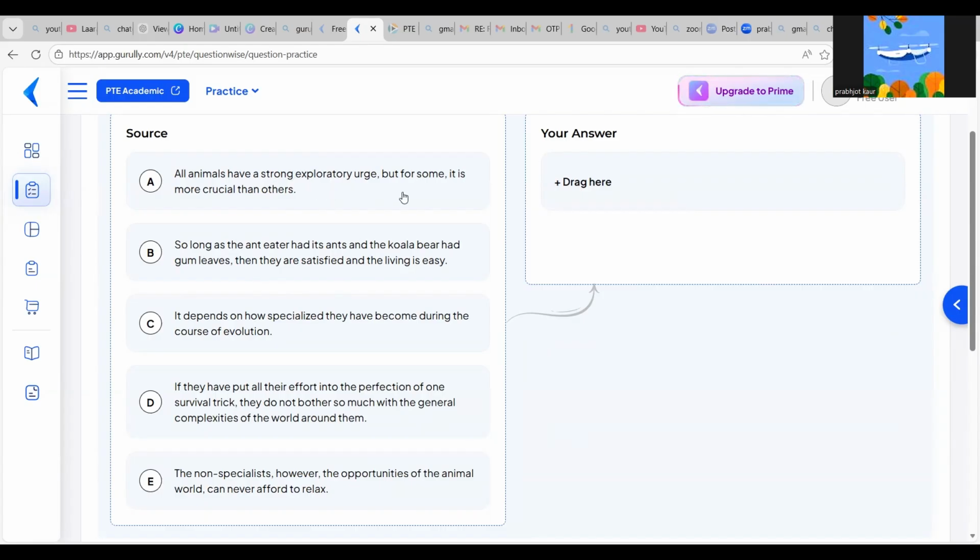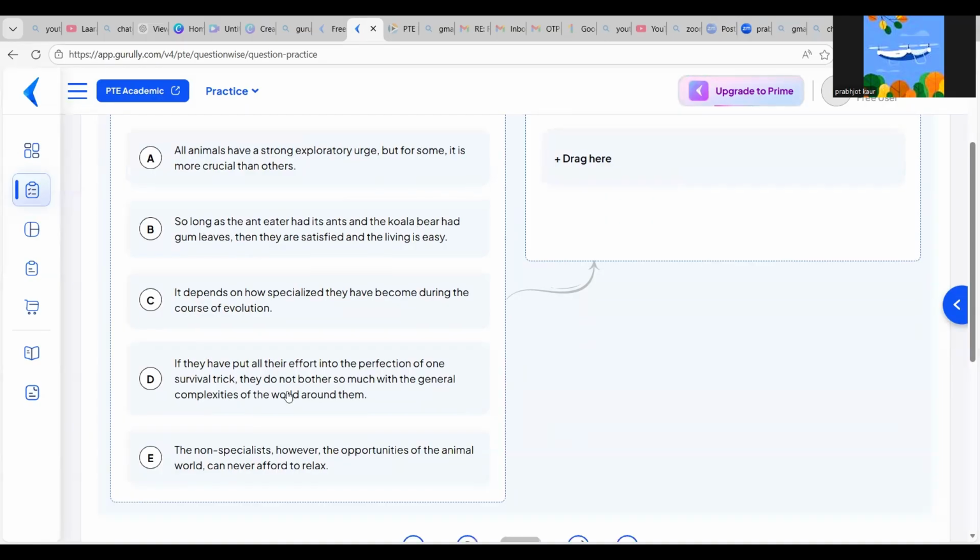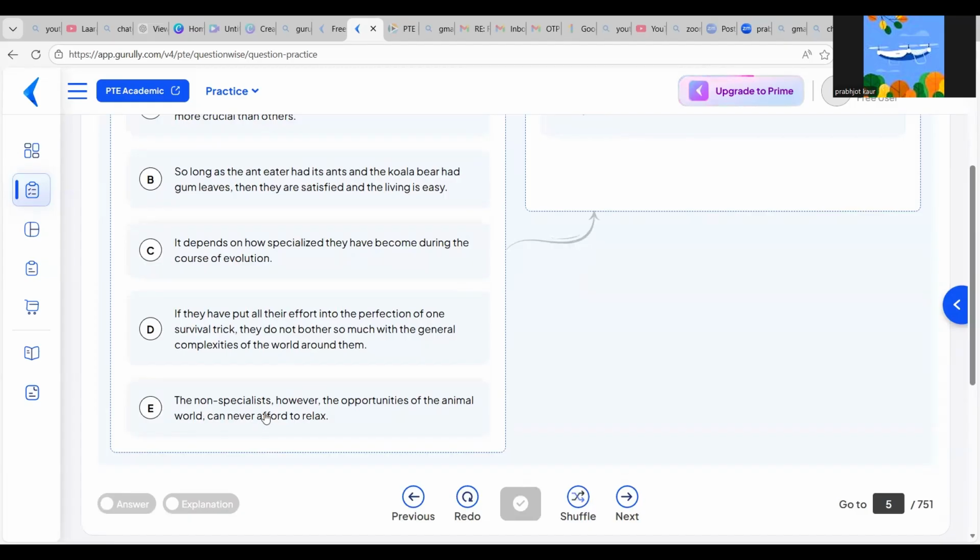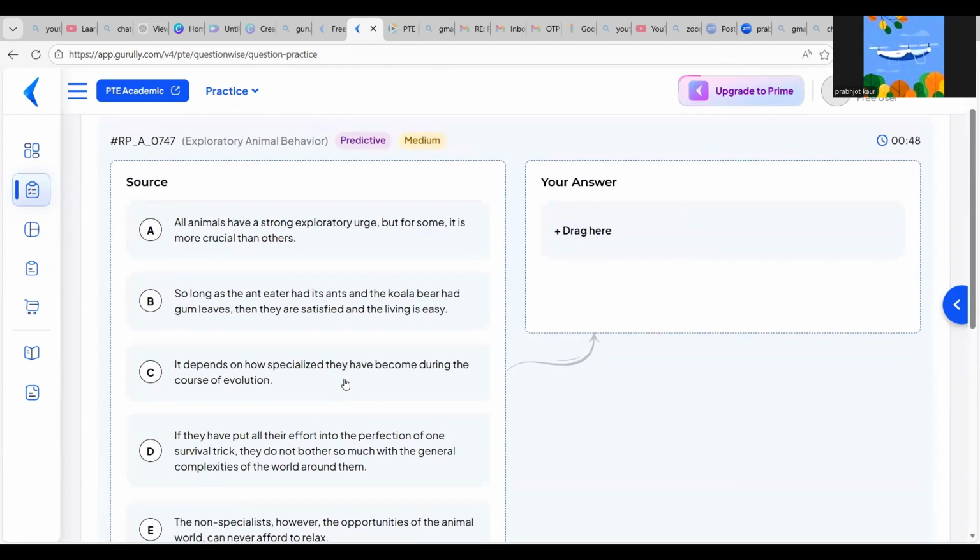The non-specialist, however... So first of all, A: All animals have a strong exploratory urge, but for some it is more crucial than others.